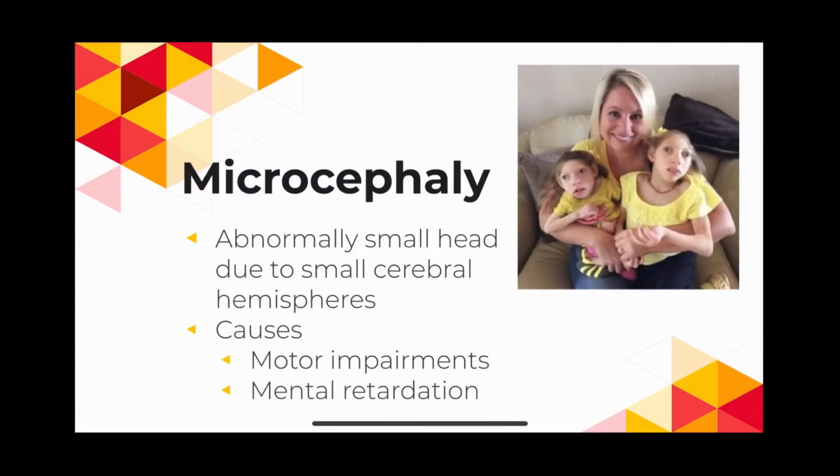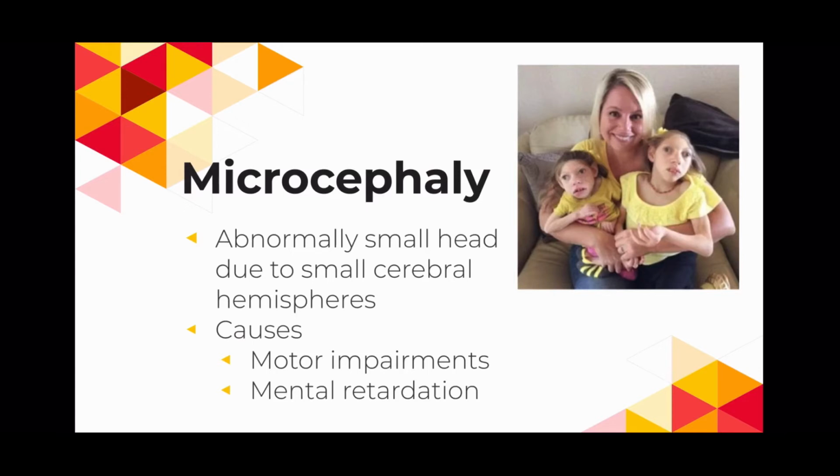The next congenital neurologic abnormality we are going to discuss is called microcephaly. This is also one of your words, and if we break this word down, the prefix micro means small, and the root cephaly means a condition of the head. So if you put these together, this is a condition in which an individual is born with an abnormally small head.